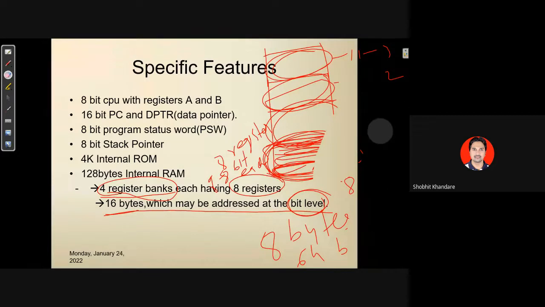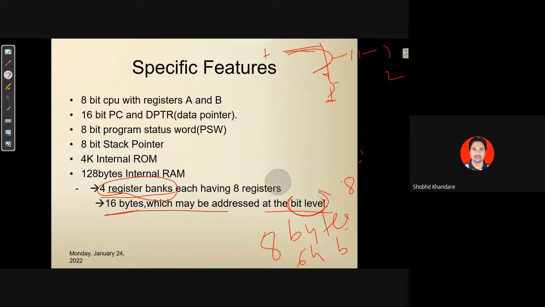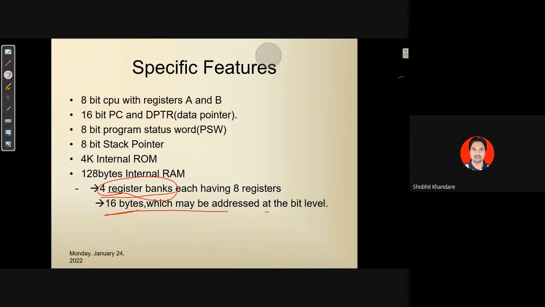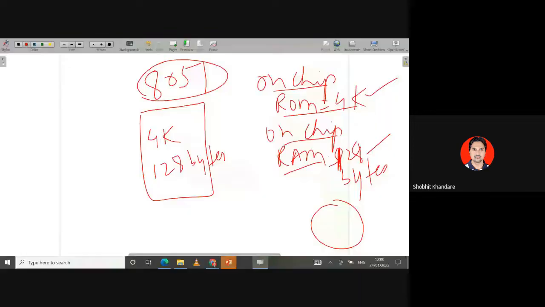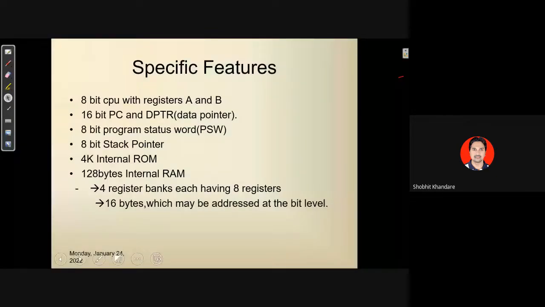So we have seen the features. There are more features again. The last one is 80 bytes of general purpose data memory.